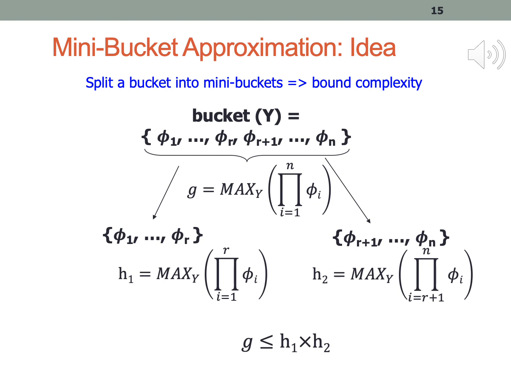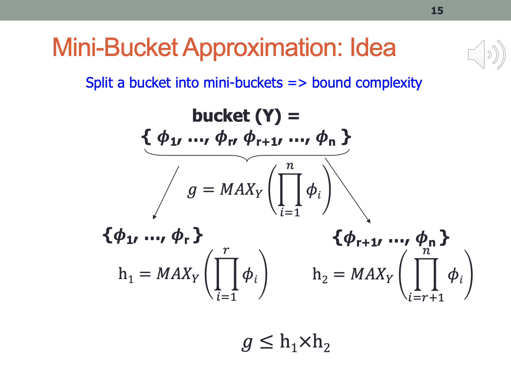Because the overall complexity of computing the product will be exponential in a constant, and if the constant is, let's say, something like 10 or 12, we can easily do that in practice. If you have just 10 variables in each one of these mini buckets and each variable takes two values, then the size of the product function will be just 2 to the power 10, which is 1024 entries.